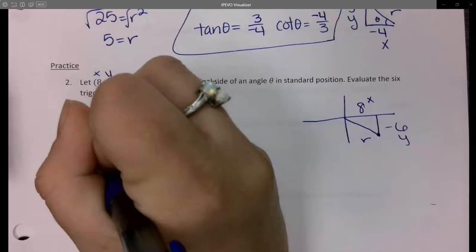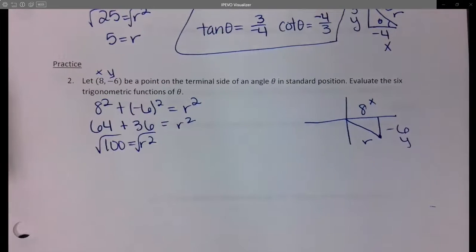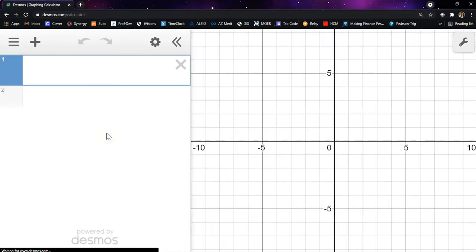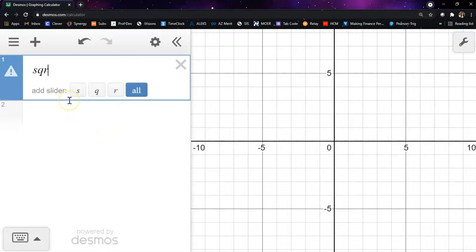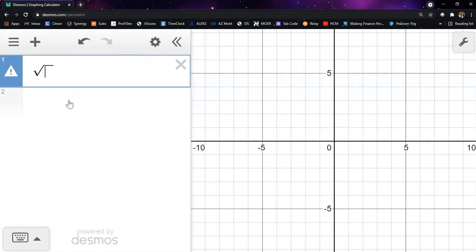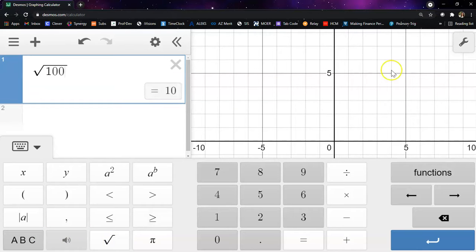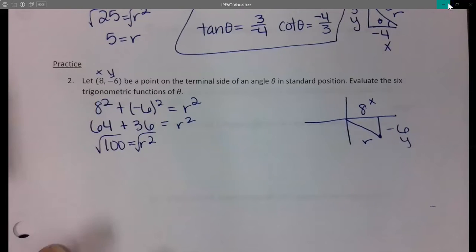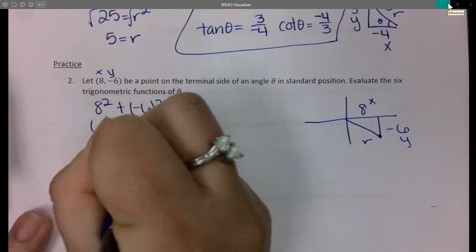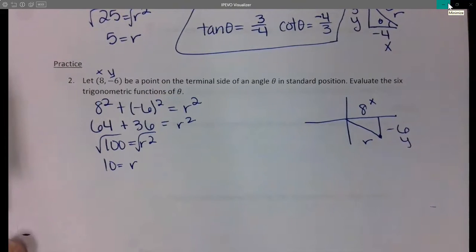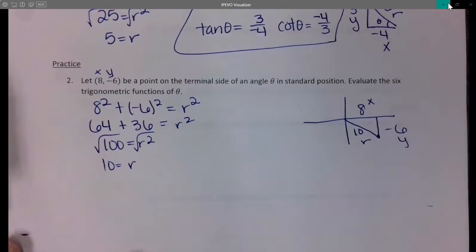Then I want to take the square root of both sides. I know the square root of 100 is 10, but if I forgot, I can go to Desmos. I can type the letters SQR, and then when I hit T, it gives me the square root symbol. Or I can click this keyboard down here, click the square root symbol and type in 100. So my square root of 100 is 10. I'm going to fill this in on my triangle.